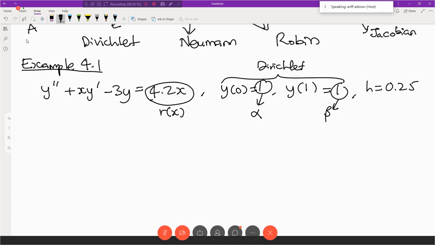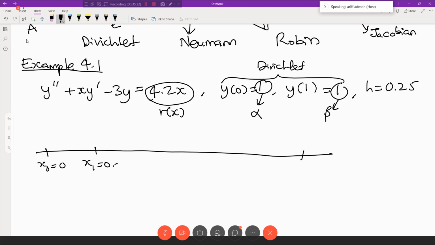From this boundary value problem, you can get your x naught equal to 0. This is your x1, 0.25, x2, 0.5, x3, 0.75, and x4 here should be 1.